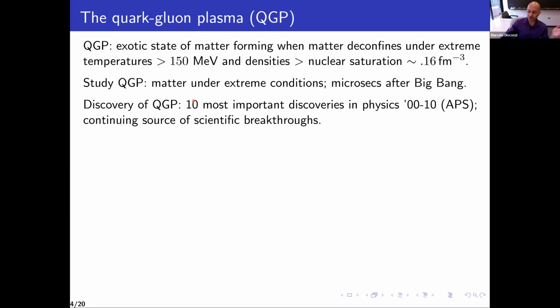I don't have time to give you the whole history of the quark-gluon plasma and why it's exciting, but I may just remark that the discovery of the quark-gluon plasma was named by the American Physical Society one of the 10 most important discoveries in physics in the first decade of this century. So that was a big deal.